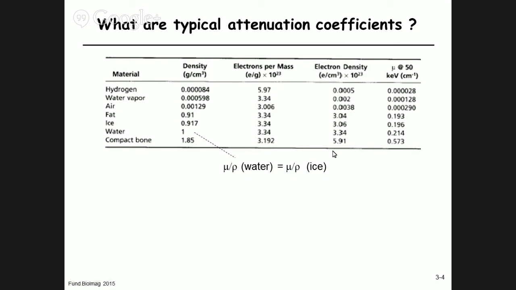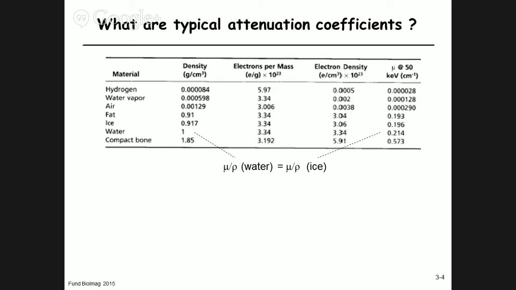We actually find that these two are very similar. The density of ice is about 90% of water, and its linear attenuation coefficient is roughly 90% of water.